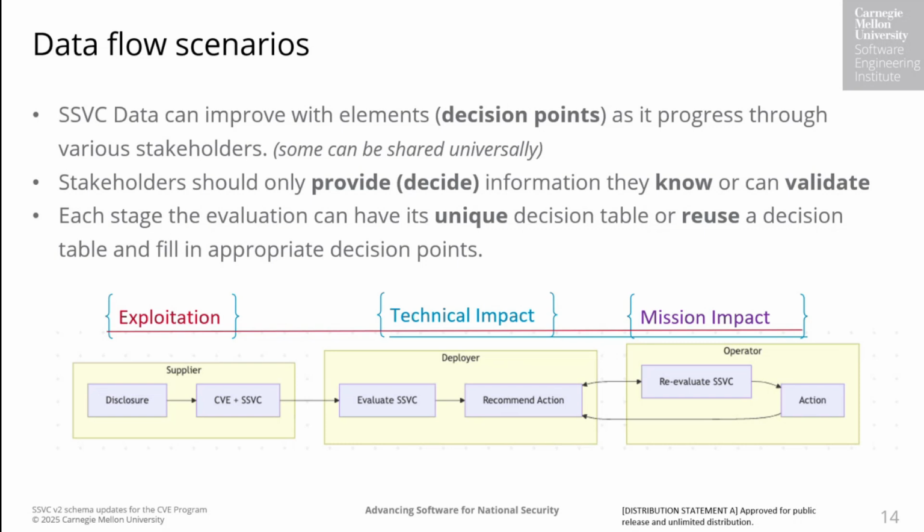All those can be bundled into this mission impact. So every vulnerability goes through this chain of information to get more and more mature. By the time an operator makes a decision, it's very viable for them to know exactly how solid their decision is, how much information they have that they collected all the way from the horse's mouth, so to speak, from the supplier. Next slide.